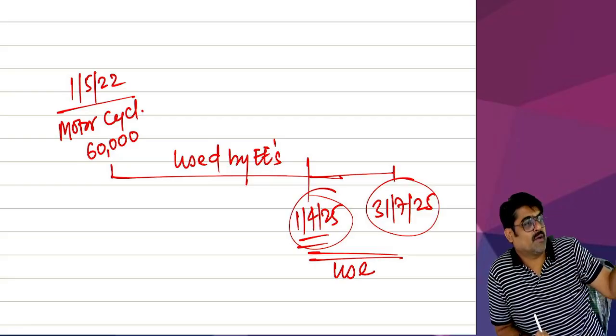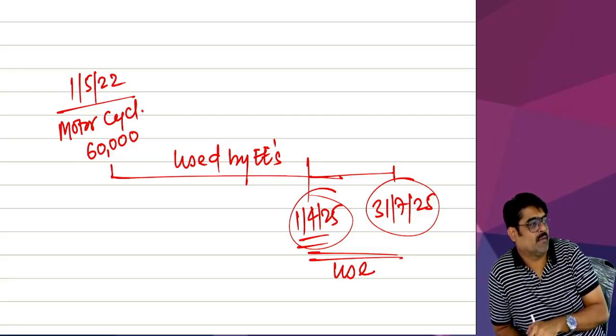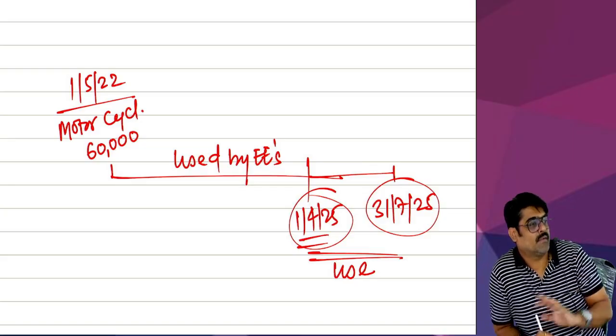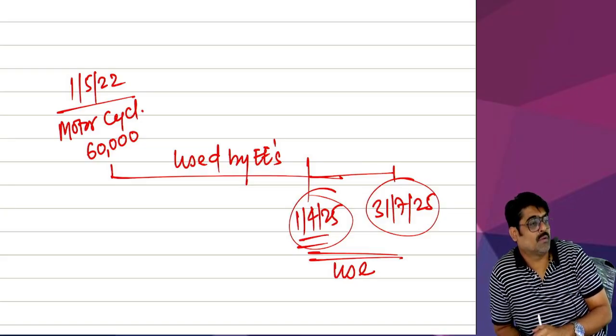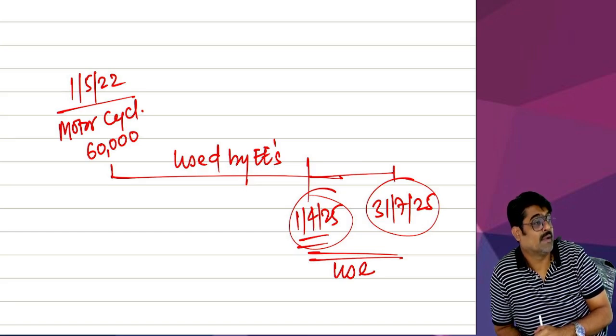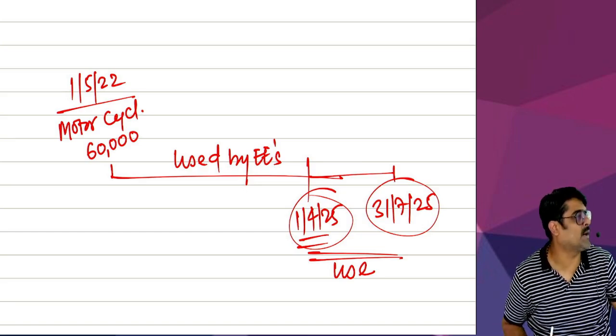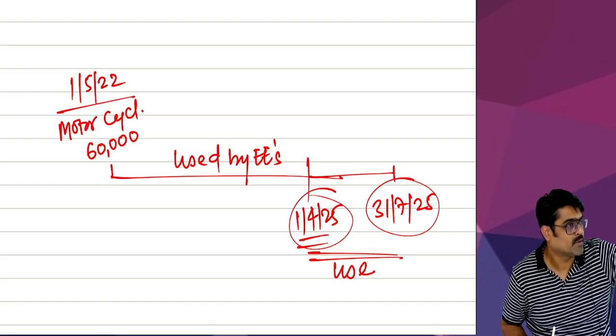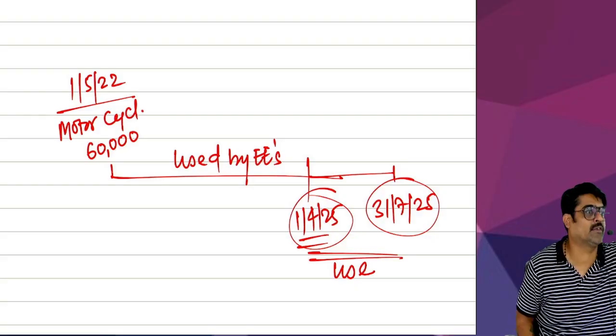In April, where is the motorcycle? With the employee. May, June, July, till that time it is not transferred and is being used. So for 4 months the benefit of use will arise.